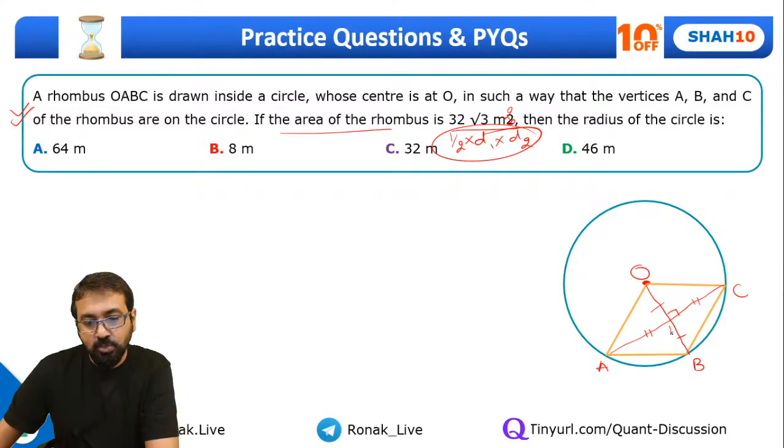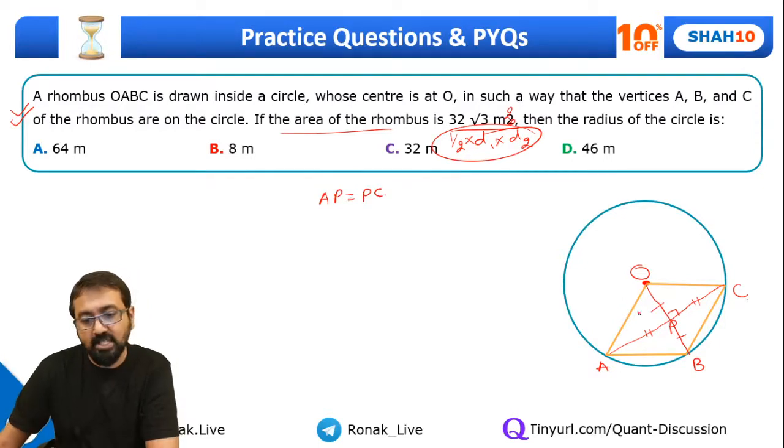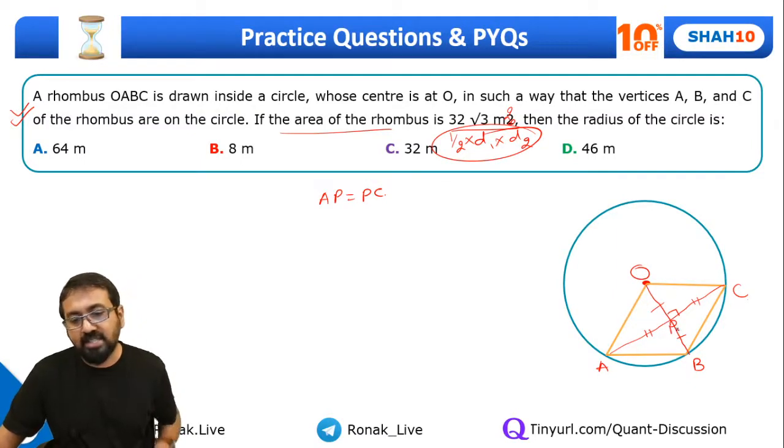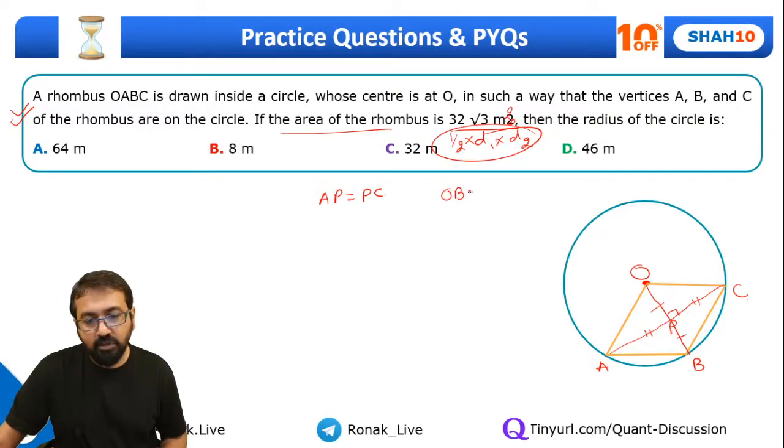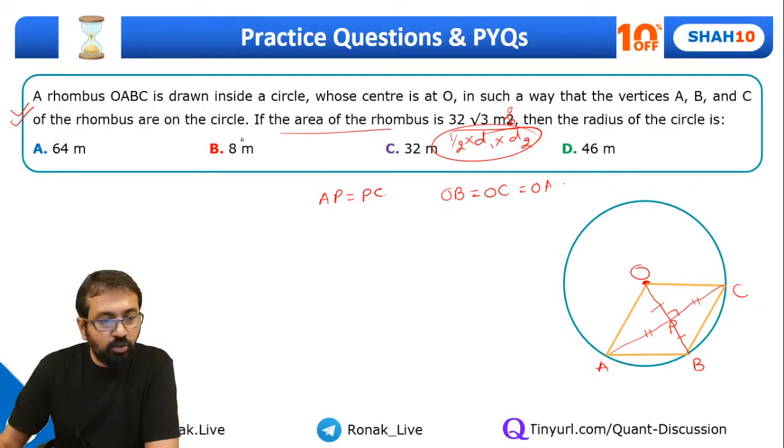So if I take this point as P, so of course AP will be equal to PC, or you can say OP equal to PB, and so on and so forth. And of course OB is the radius of the circle, OC is also radius, OA is also radius, so all of these are same. OB will be equal to OC will be equal to OA, of course, right? Now what do we know? So let's assume the radius as x.